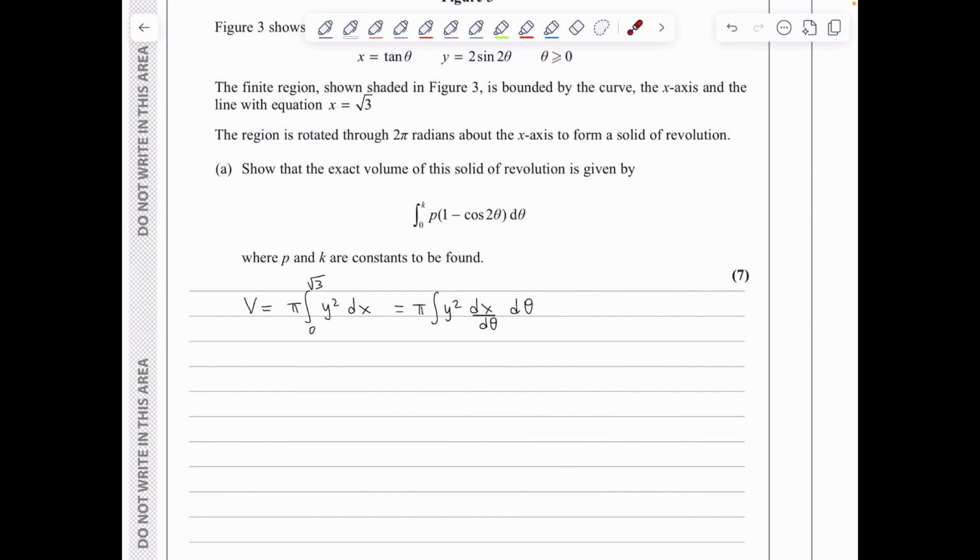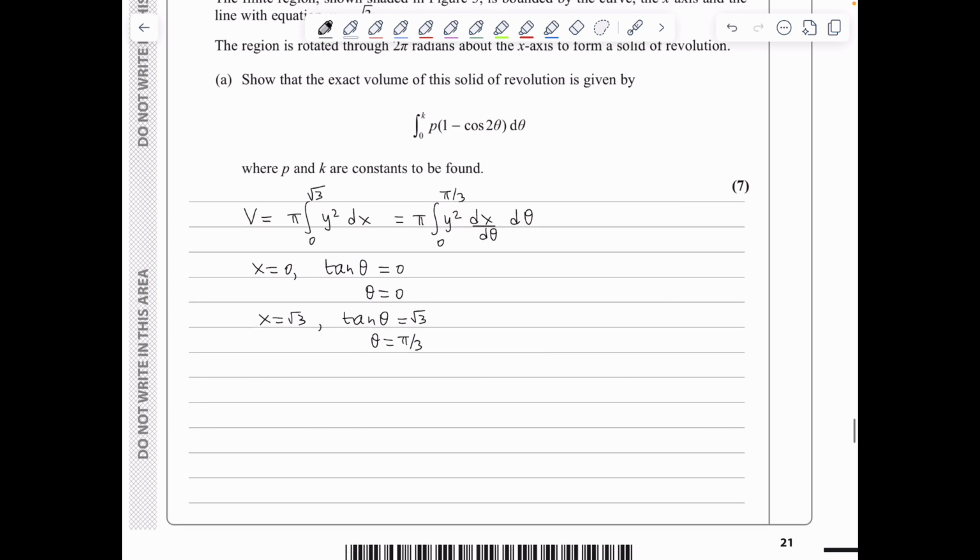So I also need to change the limits because 0 and root 3 refer to x limits. So when x is equal to 0, this means that tan theta, the parametric equation for x, is equal to 0, and therefore theta is 0. And when x is root 3, we get that tan theta is root 3, and therefore theta turns out to be pi over 3. So the new limits of my integral will be 0 and pi over 3.